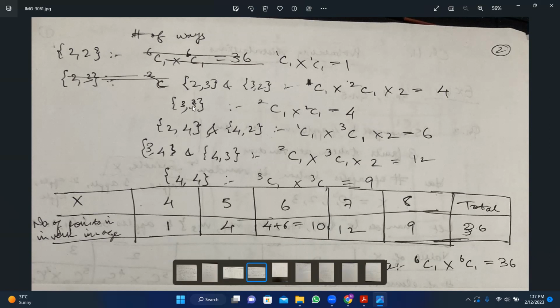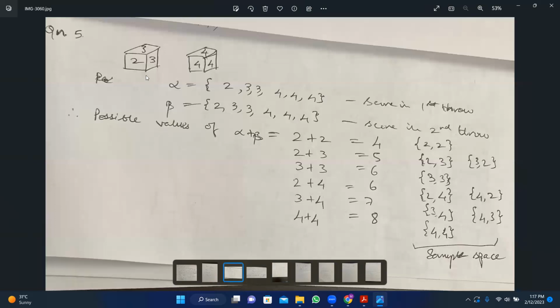To get 3 comma 3, the first row should give 2C1, and the second row also is 2C1, as we have 2 faces with 3. So the solution is 4. Now moving on, to get 2 comma 4 and 4 comma 2, these two will have the same number of possibilities.